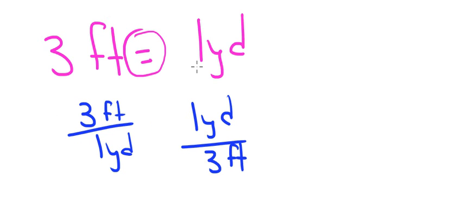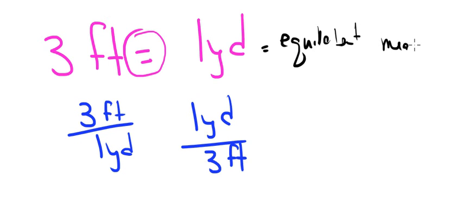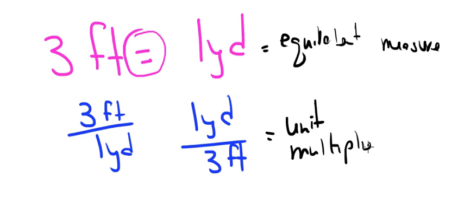So just know that when we're talking about naming things, this here is the equivalent measure, and these here are the unit multipliers. You'll want to know that.